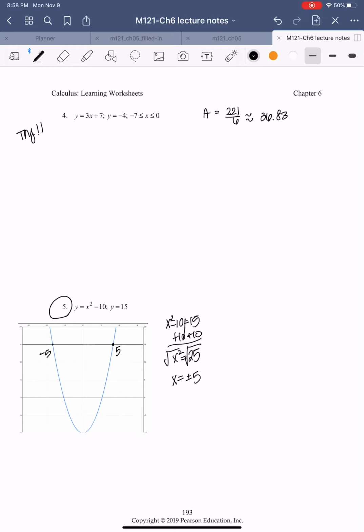Now the reason why I did this one is because they didn't give you the interval, right? They didn't ask you to do it in certain intervals. So we are just looking at the whole picture. Because this is a symmetry, there's really 3 areas to consider, right?